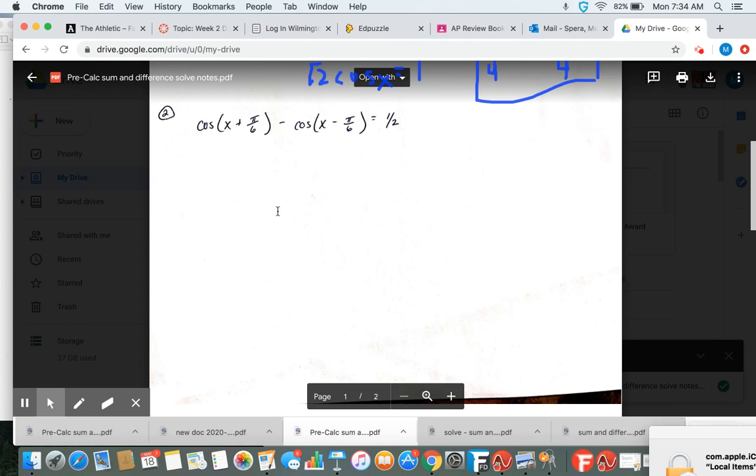This one's going to be very similar. Same thing. First, just expand it out. So cosine of x, use your identity sheet, cosine of pi over 6.